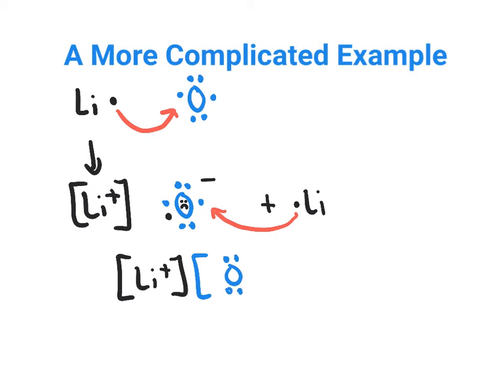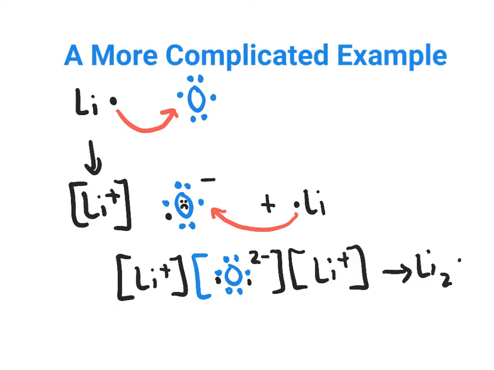He's got his original 6 plus the 2 he got from lithium, so he ends up with a -2 charge. And then the other lithium with a +1 charge. And together, this compound would have the formula Li2O in order to ensure that every single atom or element in the compound follows the octet rule.